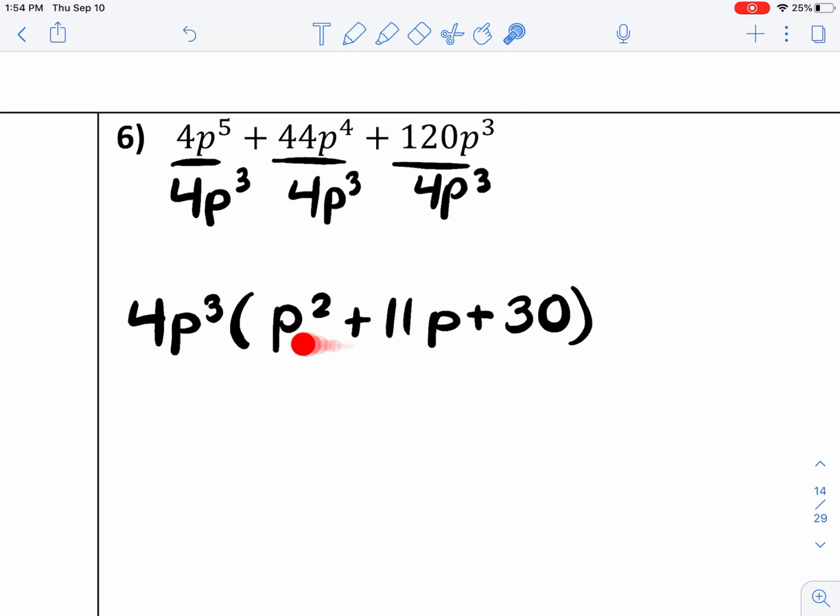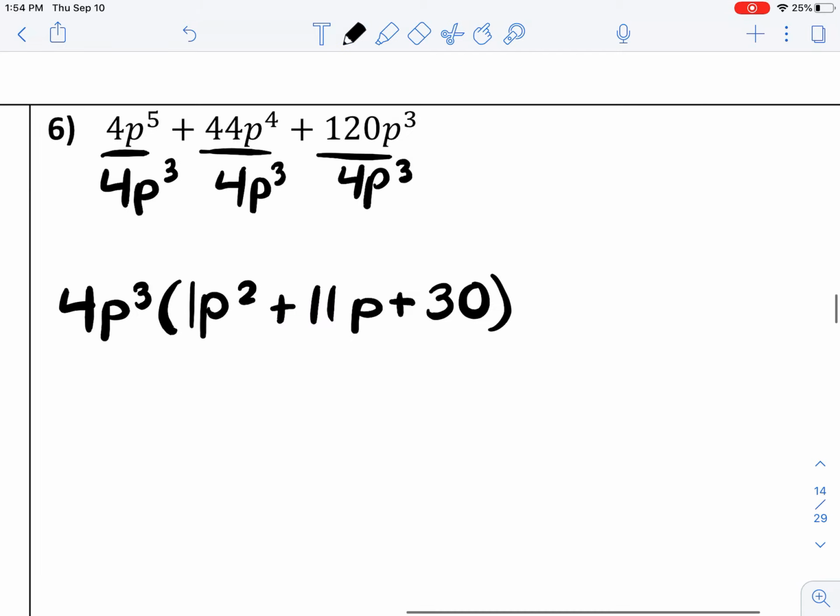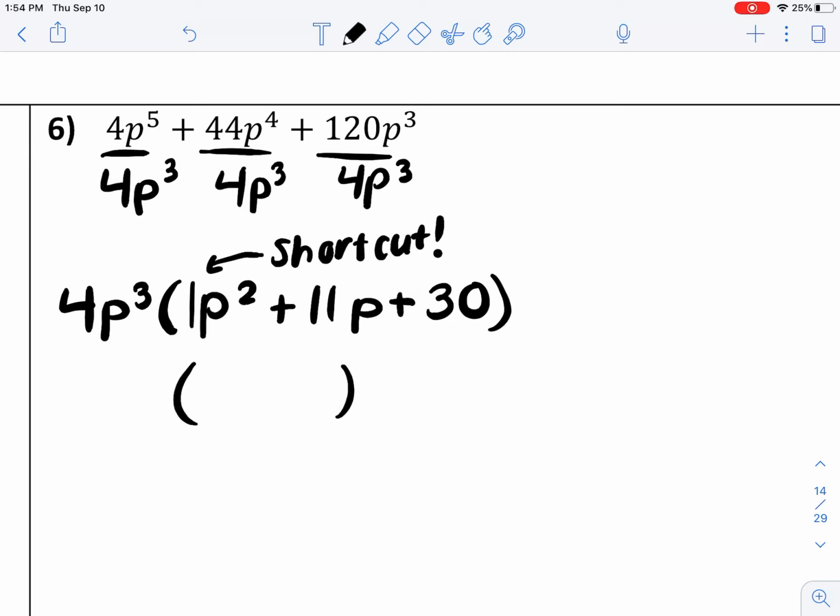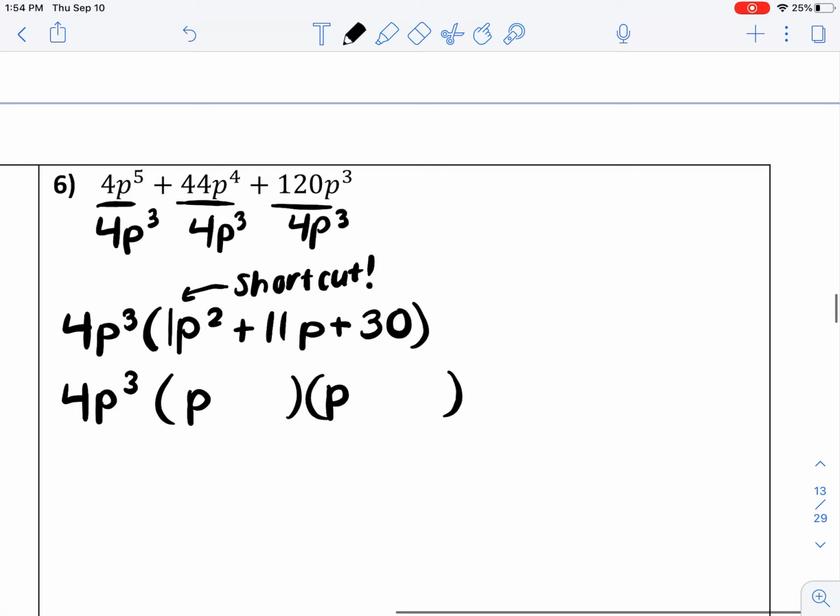This is great news because when I look at what's left, I have 3 terms, but my p squared doesn't have a coefficient, which means it's an imaginary 1, which means it's a shortcut. So I can set up my answers now, put a p in both of them, bring down the 4p cubed. I just need to get the numbers that go here from my t-chart.